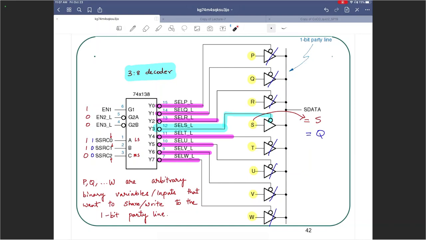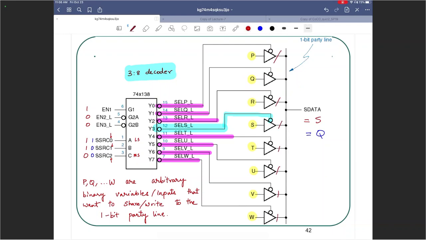If Q is on versus S is on, doesn't S data get the same result? Well, if this guy is active, then everything else is inactive, right?